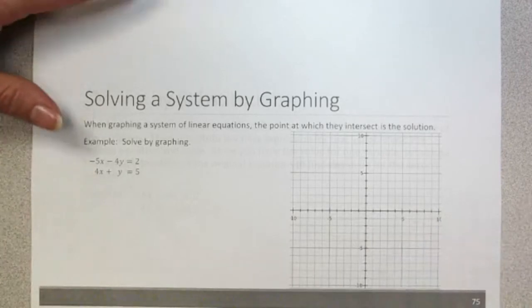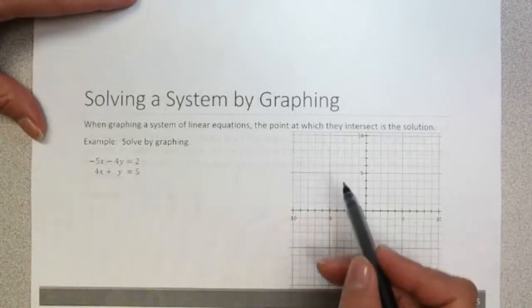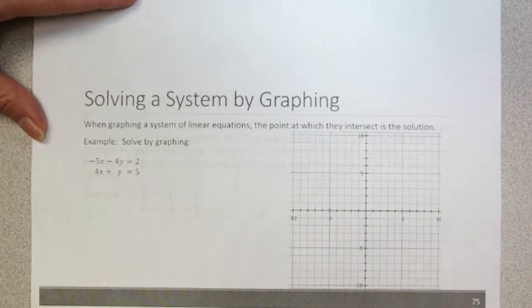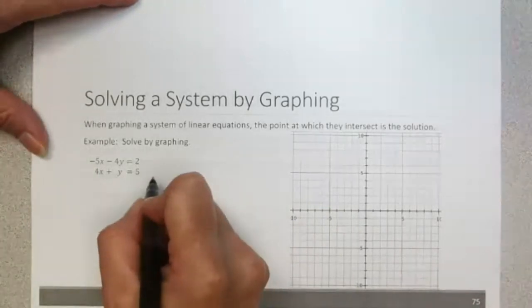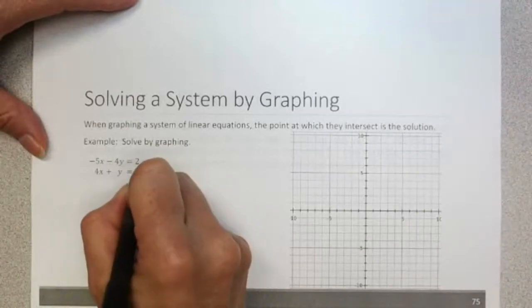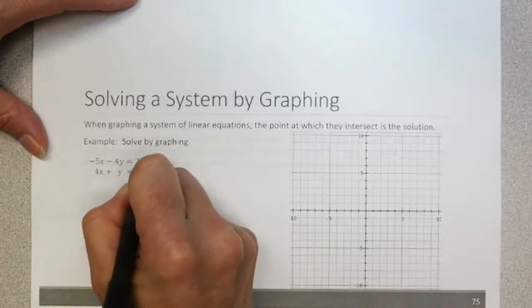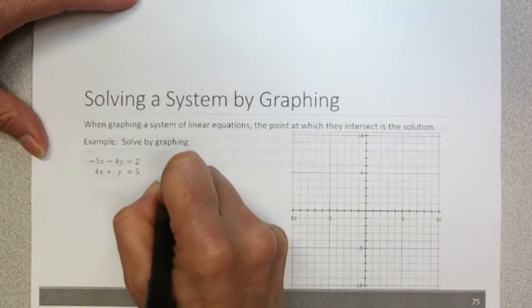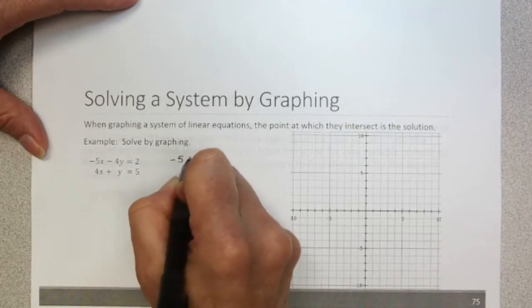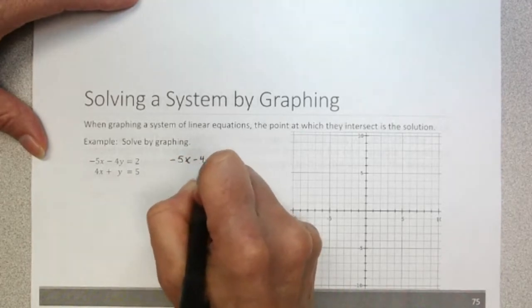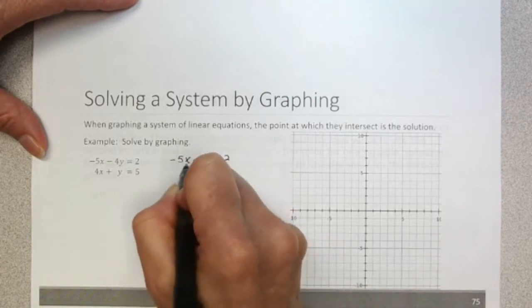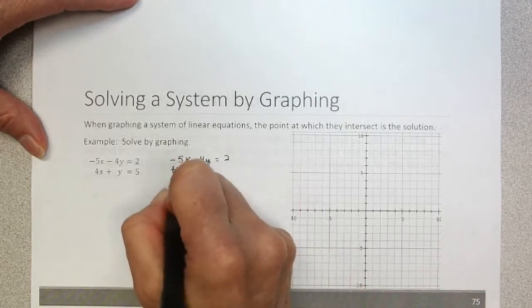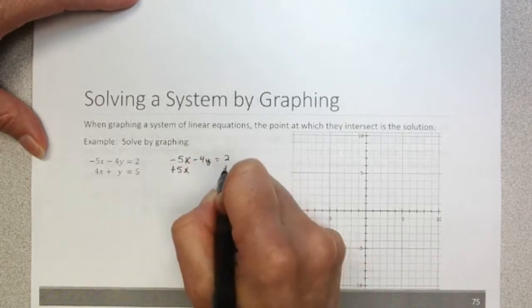All right, so to graph these, I think what I'll do is convert them to slope-intercept form and graph them that way. So for this first equation, if I wanted to solve for y, let me just rewrite it. We have negative 5x minus 4y equals 2. Solving for y, let me add the 5x to both sides first.